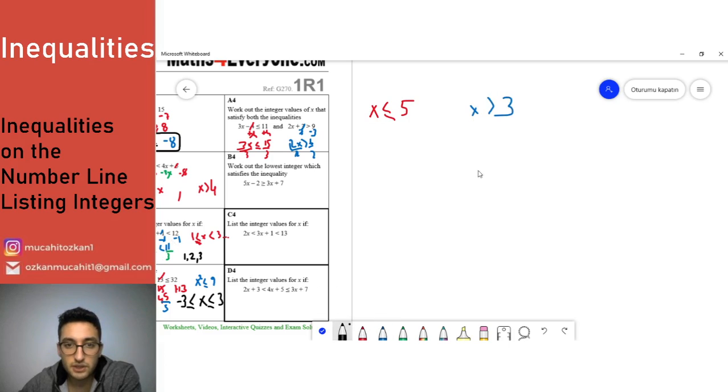So I can just say these two as x is greater than 3 and less than or equal to 5. X is greater than 3, and x is less than or equal to 5. Now I can list x values.